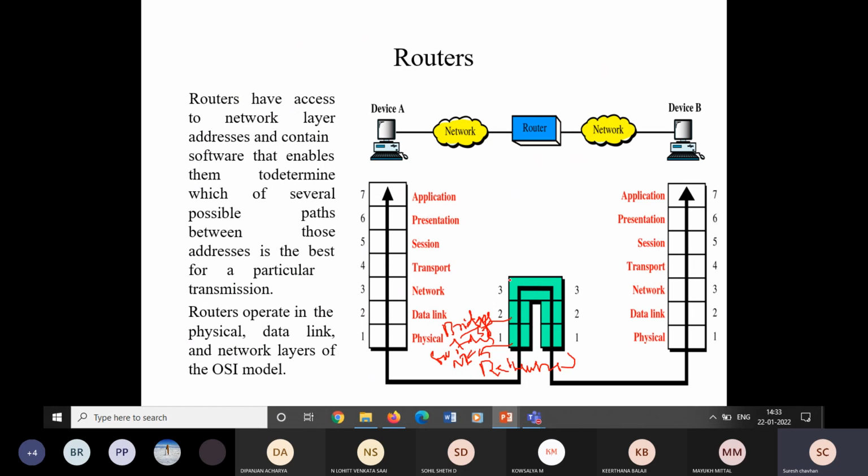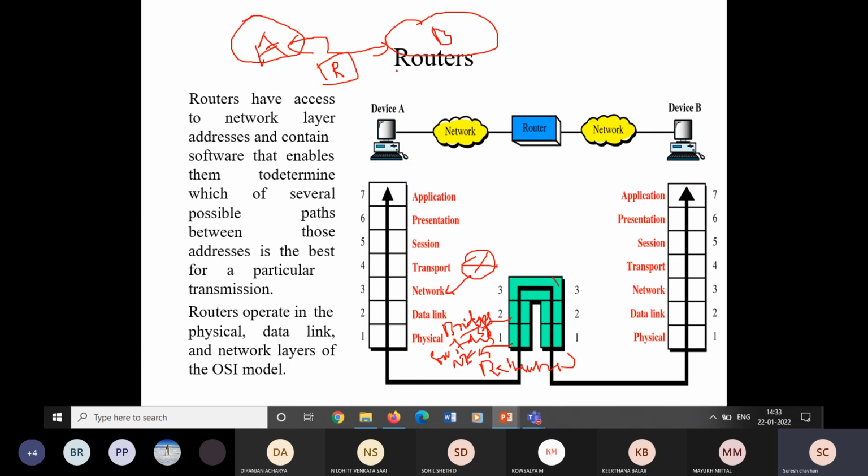So the router is in the network layer, right? In the router there are three layers: physical layer, data link layer, and the network layer. Its main function is this: suppose two networks are there, network A and network B. In order to establish communication between these two networks, only then do we need the router.